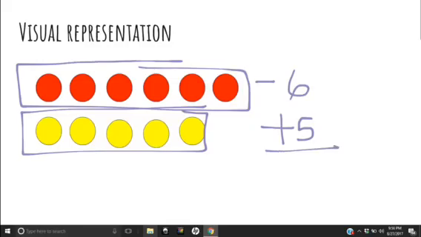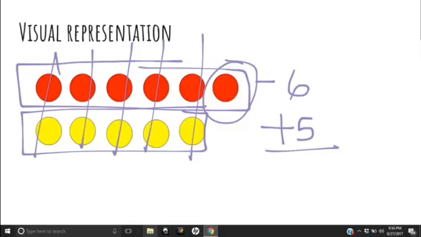Match them up, cancel them out. Positive 1 and negative 1 cancels out. This is a negative 1 that's left. Again, 6 minus 5 is 1, but 6 was negative, and it's bigger than this positive 5, so your answer is negative.